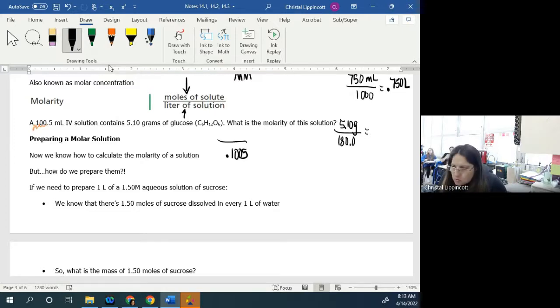So, that's right. So 0.0283. I'm going to divide these out then, and that ends up being a 0.282 molar solution. That's what I put on my paper.